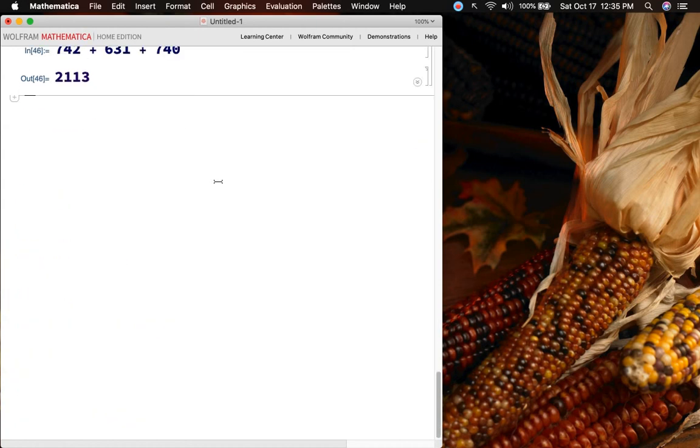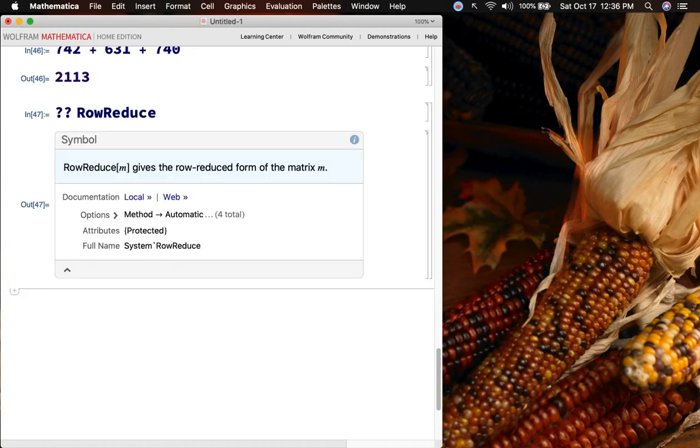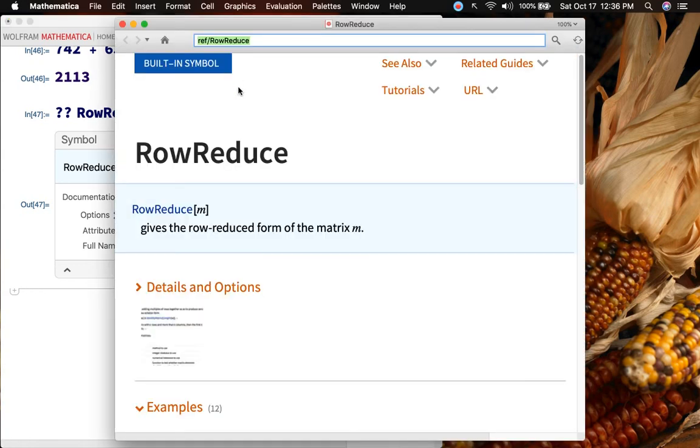The shortcut is called RowReduce. You can look it up and read the documentation. I encourage you, please read Mathematica's documentation. Look at the related guides, look at the tutorials, solving linear systems.